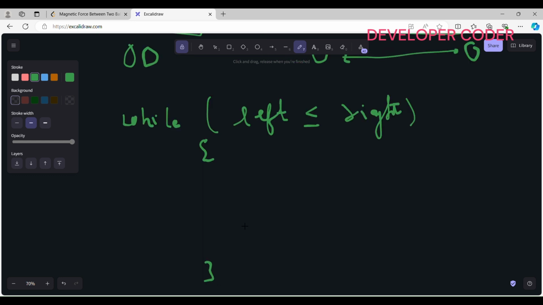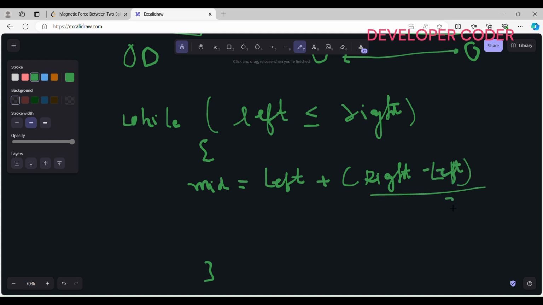So how are we going to find the mid in binary search? Simple formula: mid is nothing but my left value plus right minus left, divided by 2. This is how we are going to calculate the mid, right?